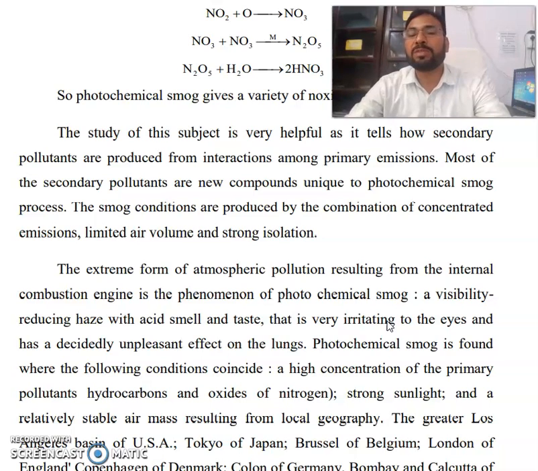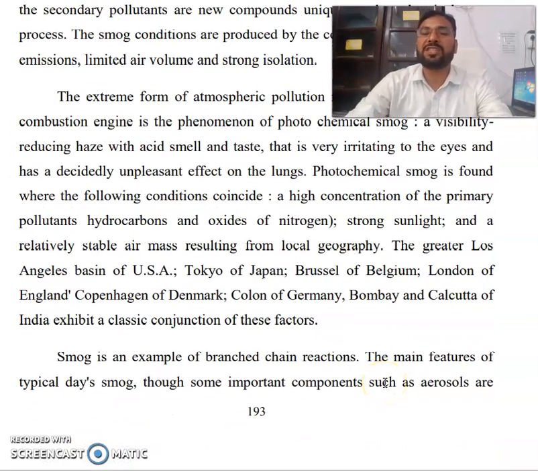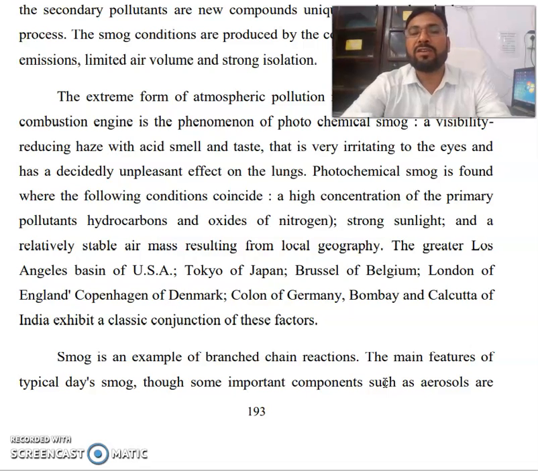My friend, photochemical smoke is found where the following conditions coincide: a high concentration of the primary pollutants hydrocarbons and oxides of nitrogen, strong sunlight, and a relatively stable air mass resulting from local geography.